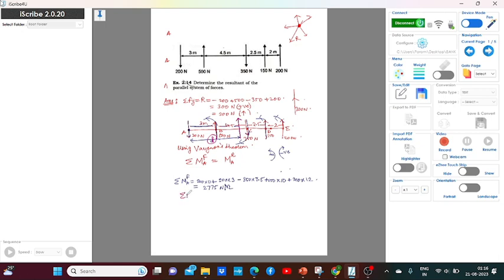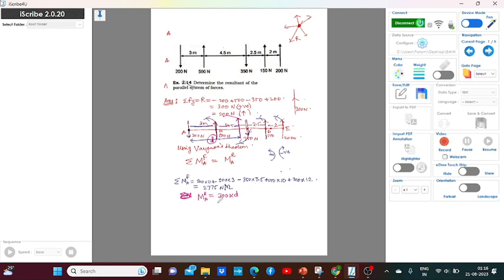So the moment at A for the resultant is equal to my resultant, which was 300 Newton, into my perpendicular distance. And it is positive, anti-clockwise. I know the direction of my resultant.